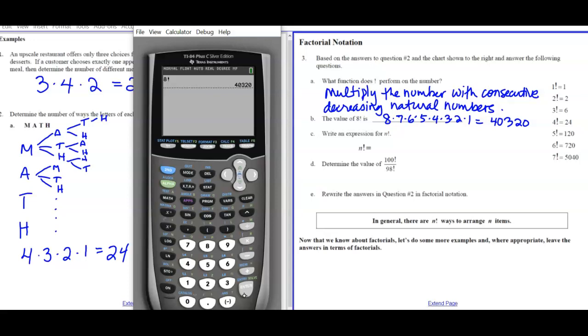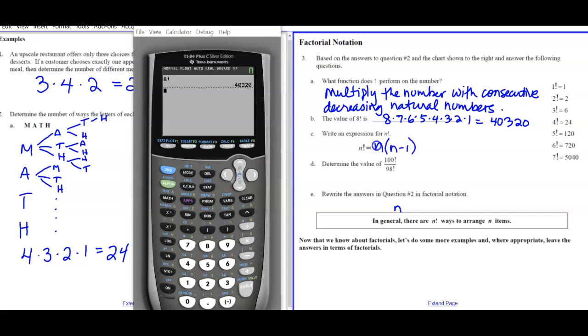The general case for factorial here, so if it's n factorial, then that's equal to whatever that number is to start, n there, and then multiply by 1 less than that would be n minus 1.